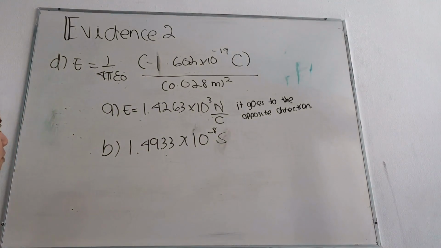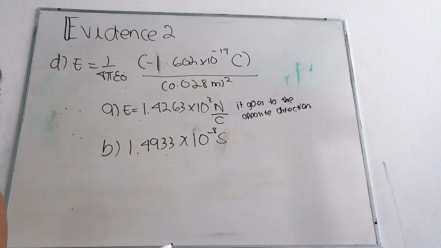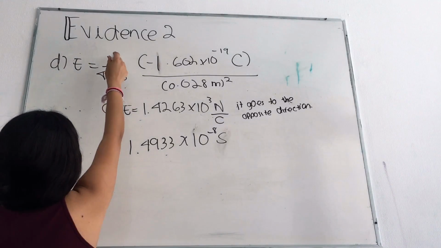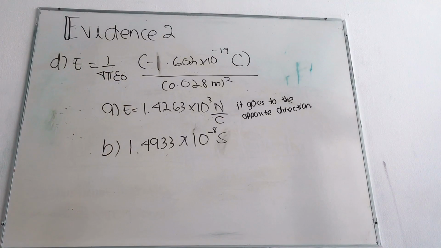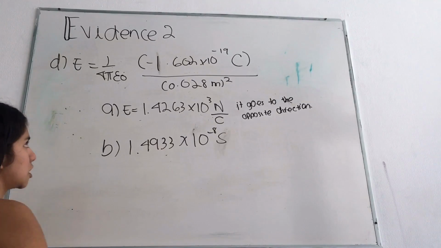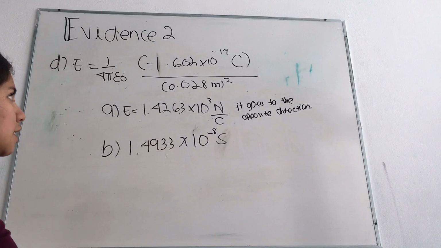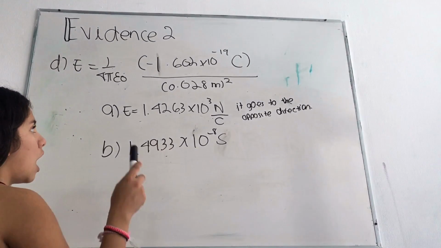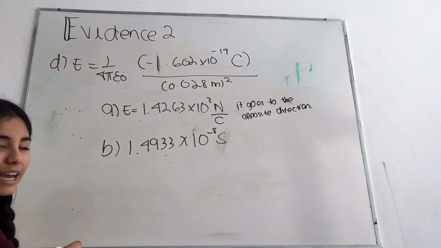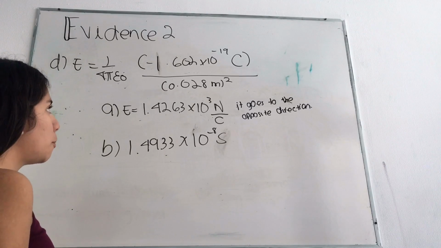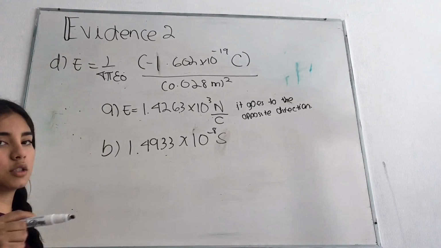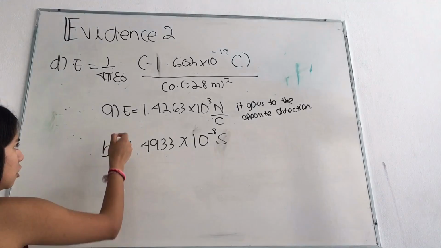Okay, so first of all, we are going to solve number 1, that is this. The electric field, that is 1 over 4π epsilon 0, and we just multiply times minus 1.602 times 10 to the 18 coulombs. We're going to divide over 0.028 meters squared, and this is our result.